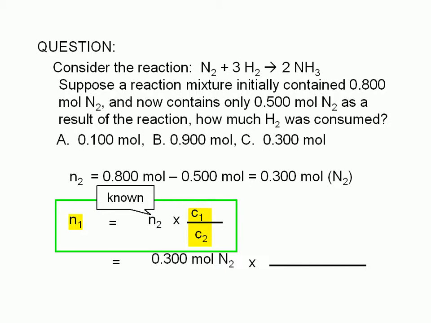so that we can determine the amount of hydrogen consumed. Since we're interested in hydrogen, we put the coefficient of hydrogen in the numerator. The coefficient of hydrogen in the balanced equation is 3, and we put the coefficient of nitrogen in the denominator.